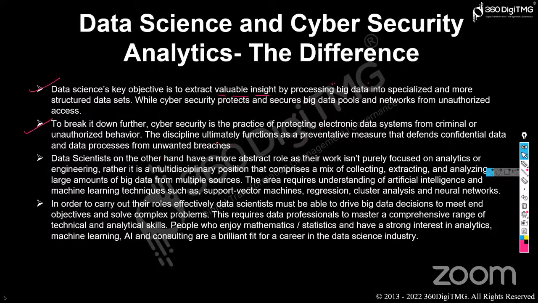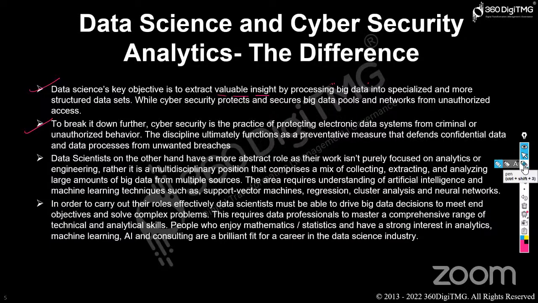So the data scientists, guys, on the other hand, have a more abstract role, as their work isn't purely focused on analytics or engineering. Rather, it is a multidisciplinary position. And what is that multidisciplinary position?